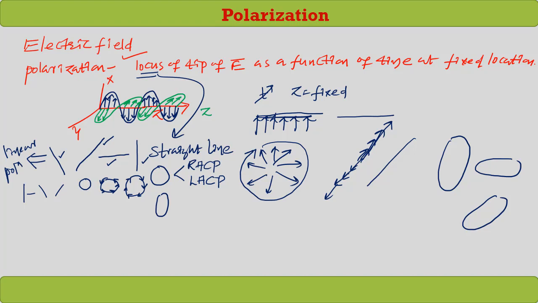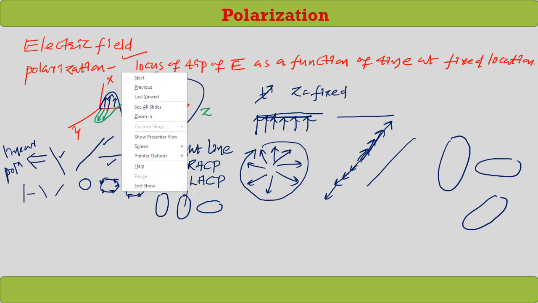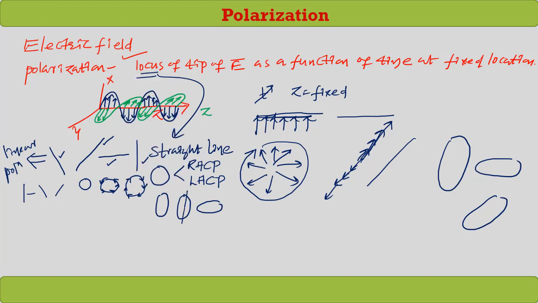Similarly, in case of elliptical polarization, you may have an ellipse like this or an ellipse like this. That means the major axis is oriented in some direction. But here the major axis is horizontally oriented. Or a tilted ellipse is also available like this, or you may have it like this.